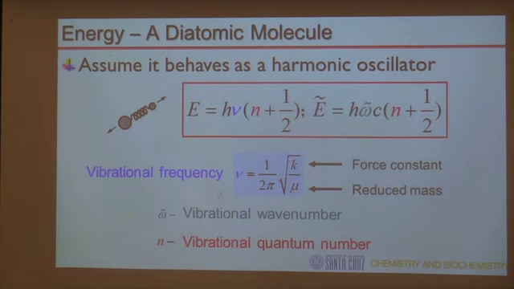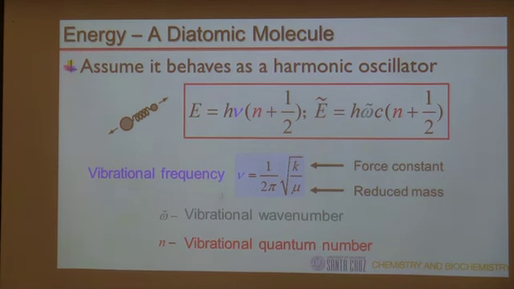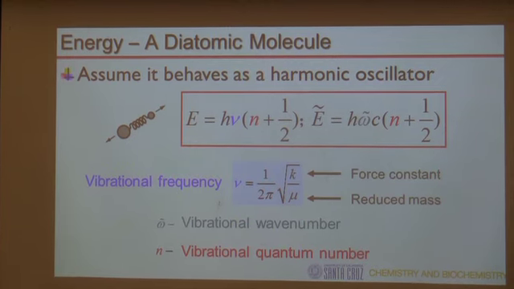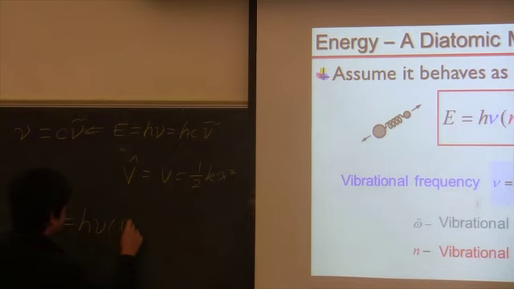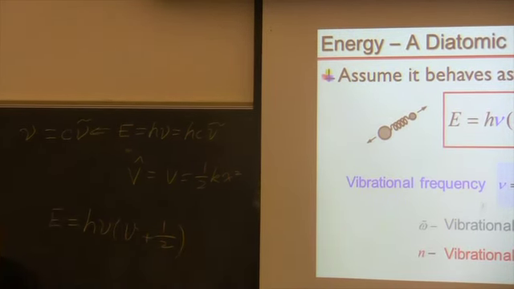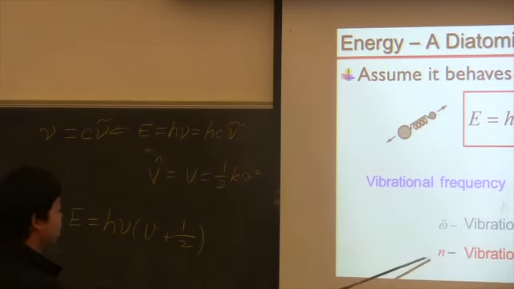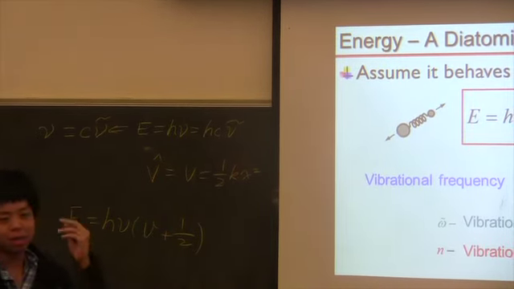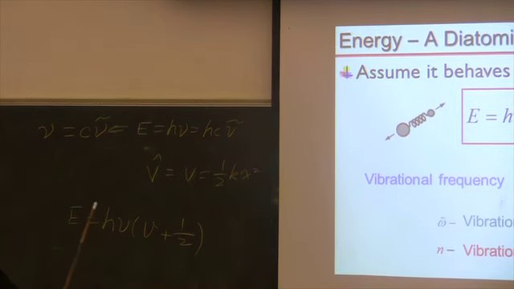And in your textbook, I really want to emphasize this. If you check your textbook, it writes in a different way, and most other textbooks also use this notation. They change the quantum number, not using n, but using v, the small letter v, to indicate the vibrational quantum number.